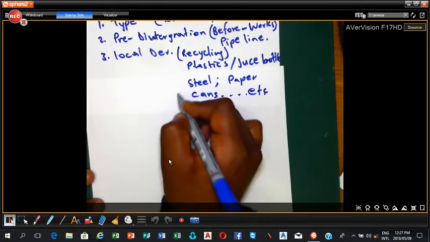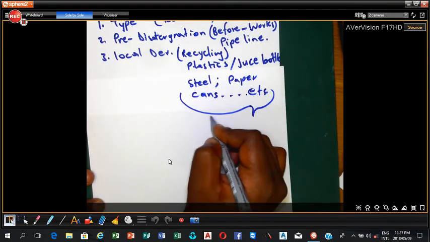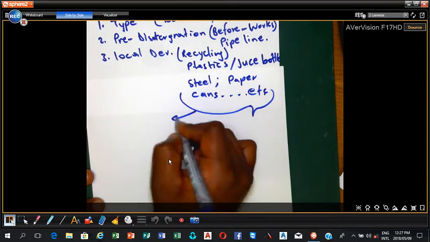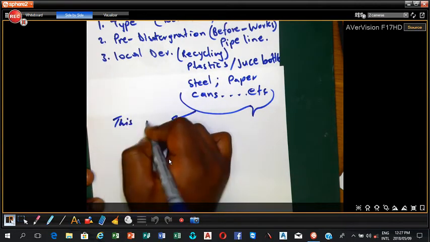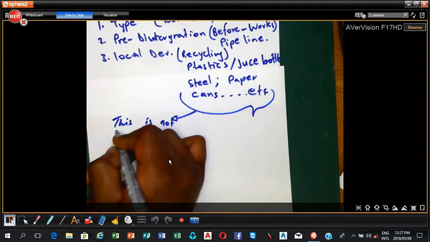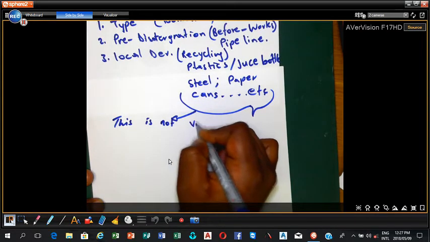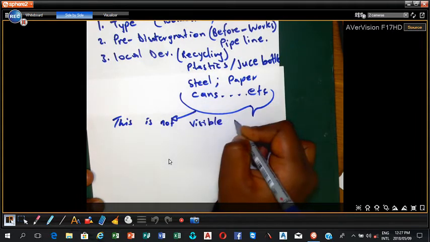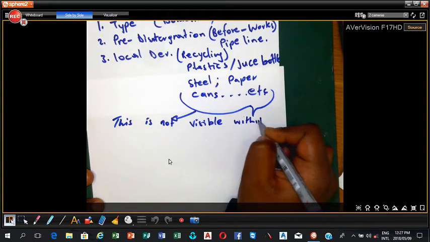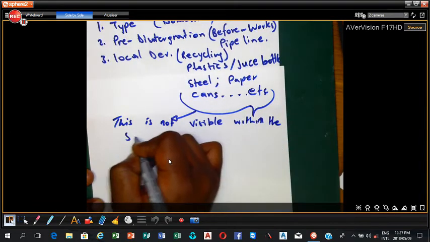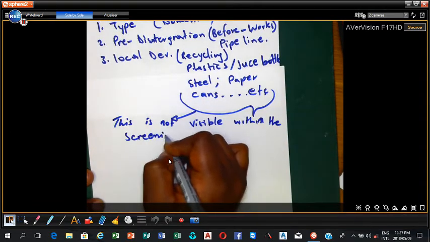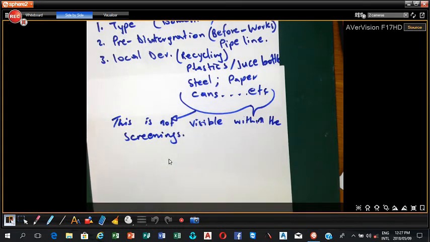Now, if this is in place, that means this is not visible within the screenings. It can be visible within the screenings because community people would have collected it and recycled it for money so that they could help themselves with either goods or services.